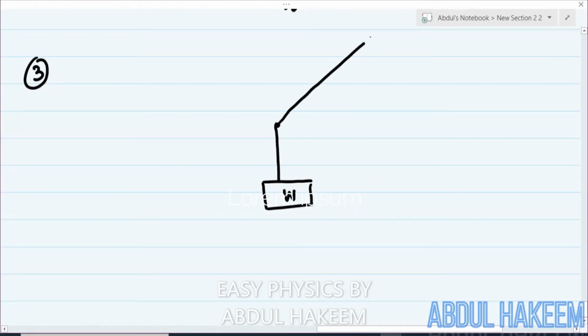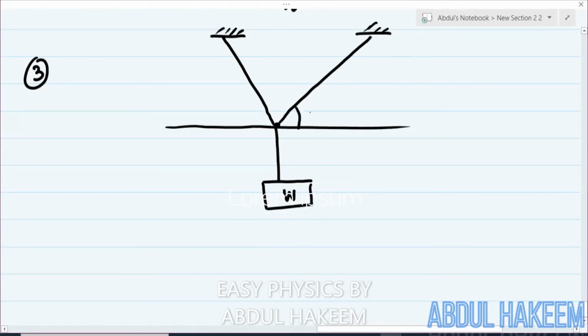Now the next application or example, suppose this is an object of some weight W, where W is equal to mg. It is hanging with the help of two strings, but the two strings are making different angles with the horizontal line. Look, this angle is different from this angle theta 2.